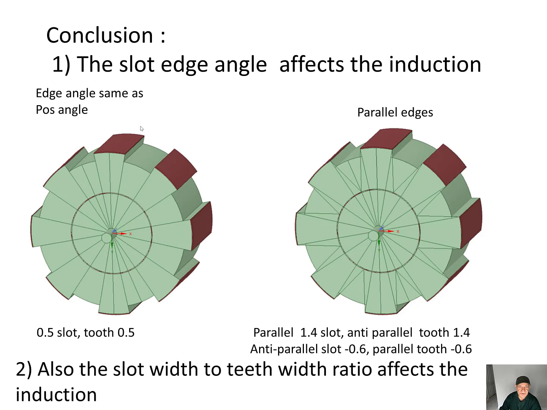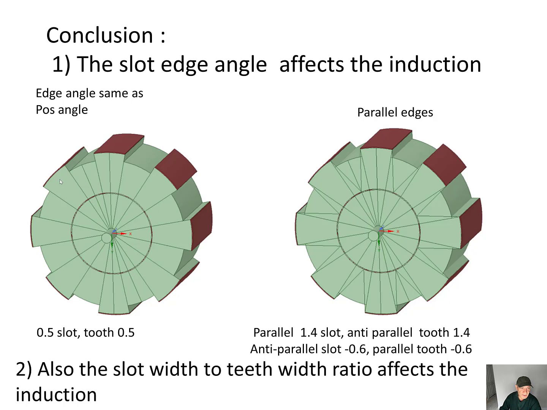So conclusion, the slot edge angle affects the induction. This is the case where each angle is the same as the position angle, the slot edge angle is the same as the position angle, and here is showing parallel edges. Also, the slot width to tooth width ratio affects the induction.